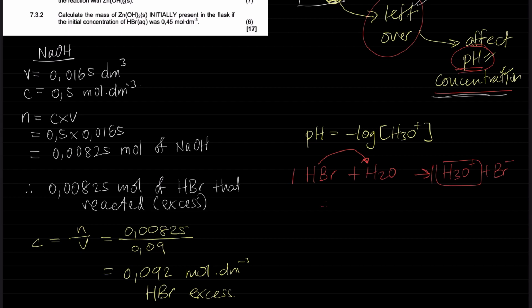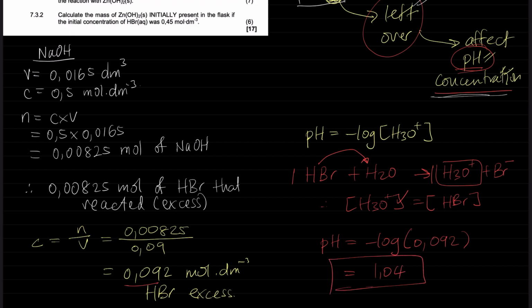So therefore, the concentration of the H3O plus is going to be the same as the concentration of the HBr. So now that we know the concentration of the H3O plus, we can calculate the pH. So pH is going to equal minus log of 0,092, and that's equal to 1,04.